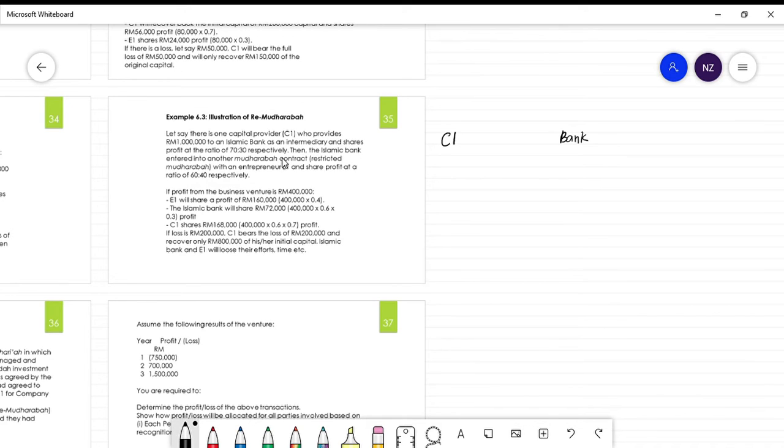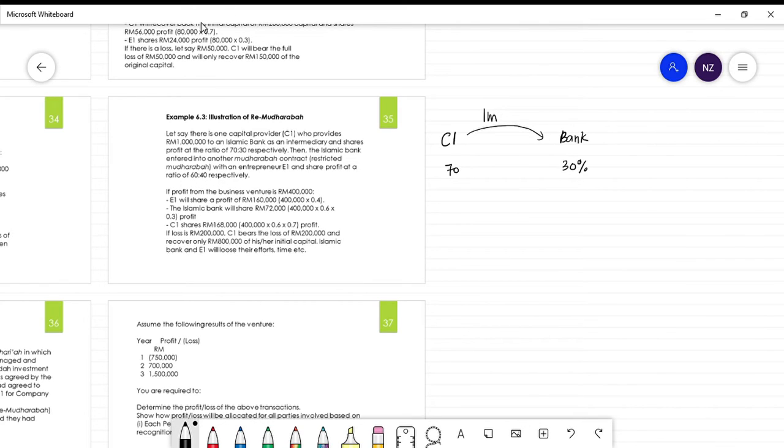He gives 1 million, right? And the two of them share profit 70-30%. Then the Islamic bank entered into another mudharabah contract, under restricted mudharabah, with an entrepreneur E1 and shares profit at a ratio of 60-40 respectively.